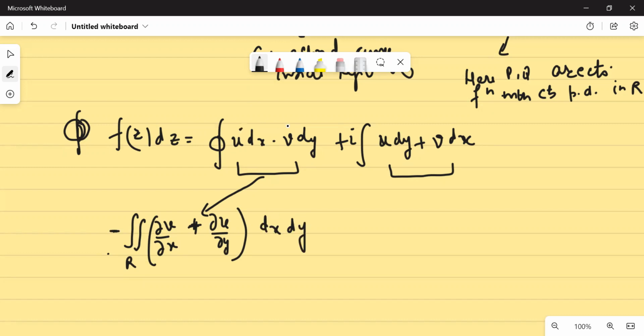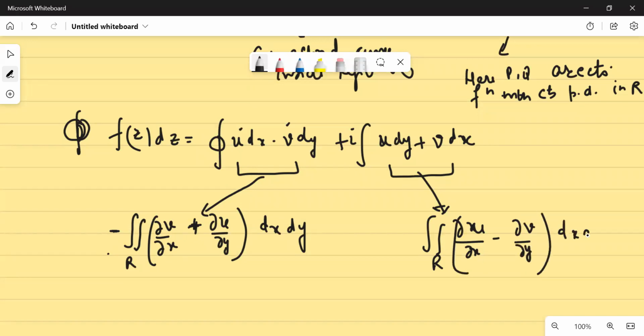Just see P and Q and replace all these things there. Applying Green's theorem here, you will get del u upon del x minus del v upon del y dx dy.